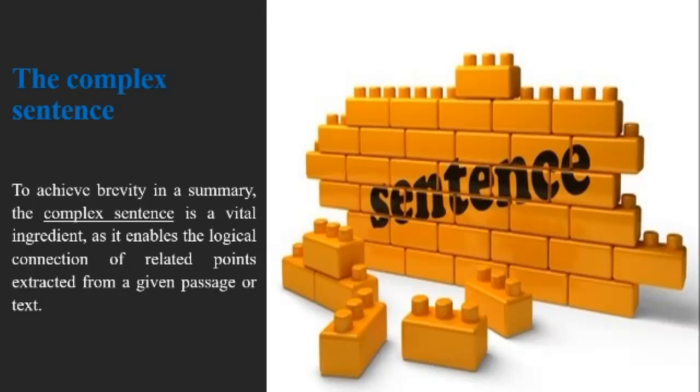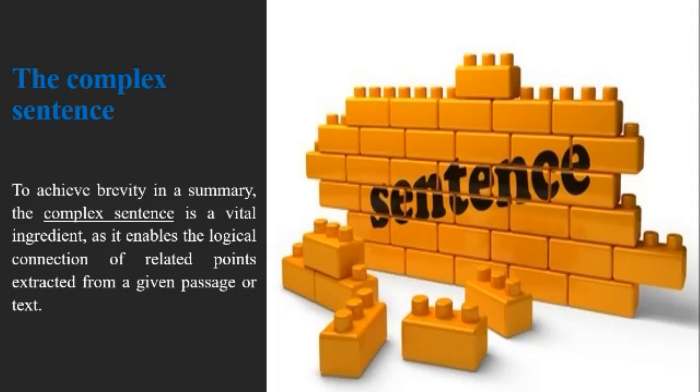The first is the complex sentence, which is key, a core part of your summary response, or the compound complex. However, the compound complex sentence is a type of sentence that many teenagers find difficult to construct. So I oftentimes advise: stick to the complex sentence.